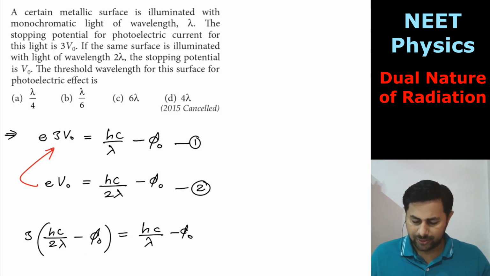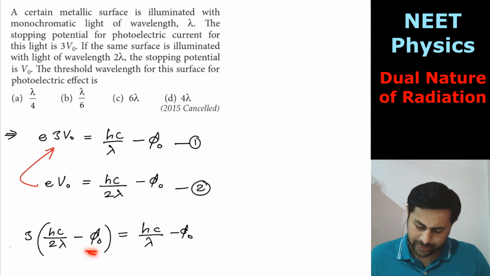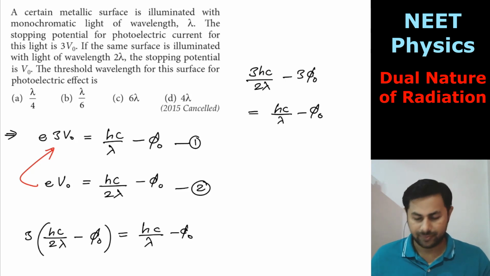Since you want the threshold wavelength, that's why you are doing this. So this is 3 times hc by 2 lambda minus 3 phi naught, equal to hc by lambda minus phi naught.